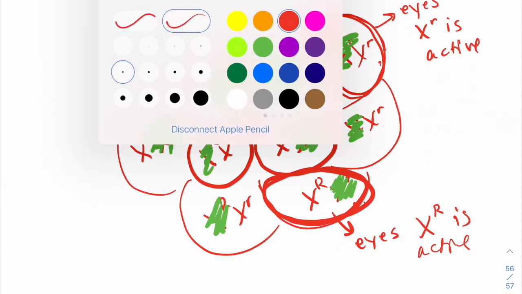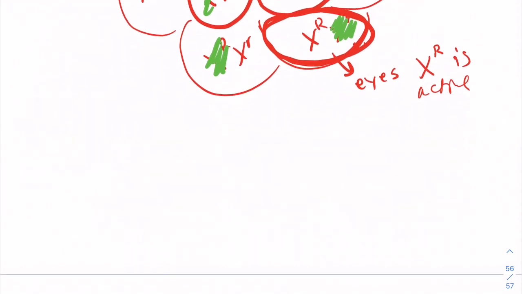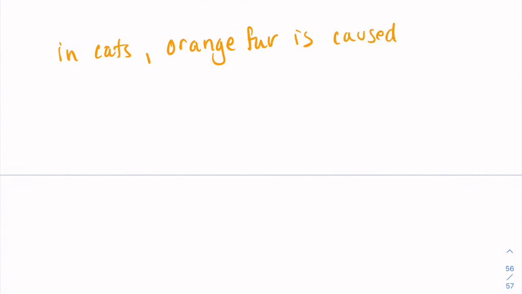A really cool example of this is in coat color in cats. So for example, in cats, an orange fur, orange coat color, is caused by an X-linked allele.